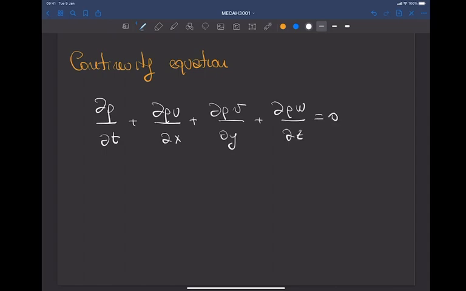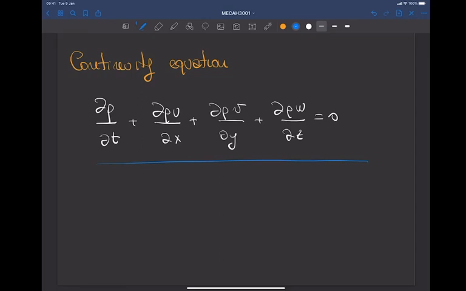Okay, so we have derived our conservation law in differential form, which will be valid in each and every point of our fluid domain. Now you see that this equation is written in this form. We want to see if there are alternative forms that we can use for this equation, which are more compact.